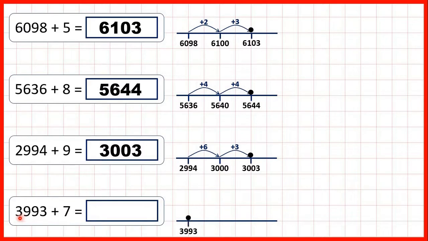And now 3993 plus 7. That gives us 4000, because 3 plus 7 is 10, but in our number we already have 9 tens and 9 hundreds, so the thousands digit needs to change as well.